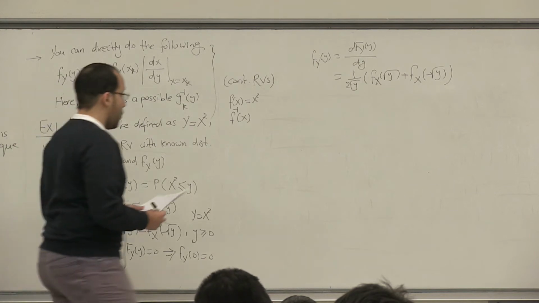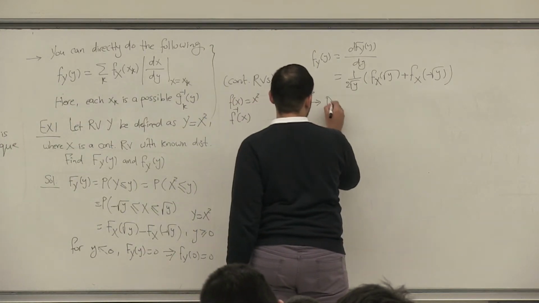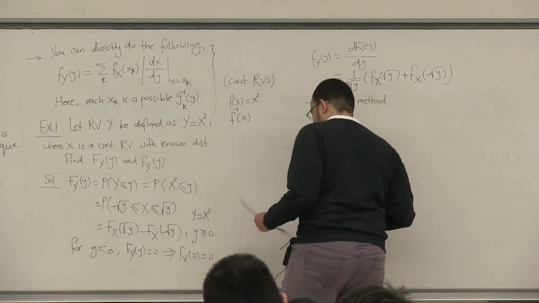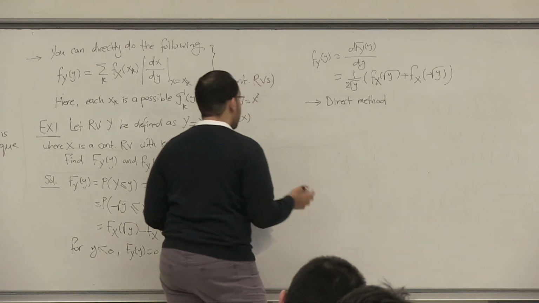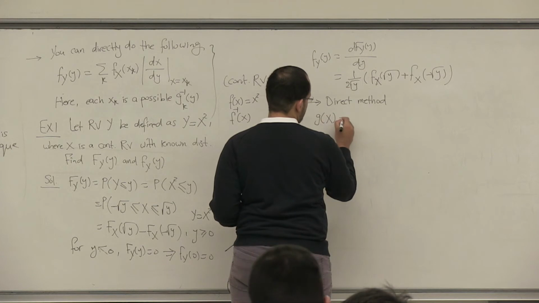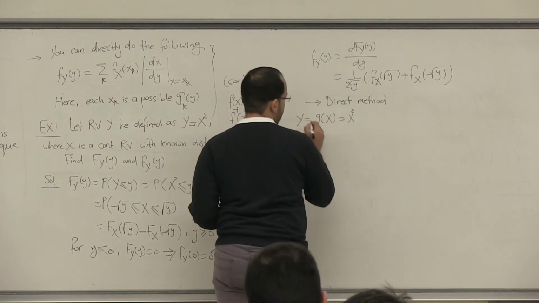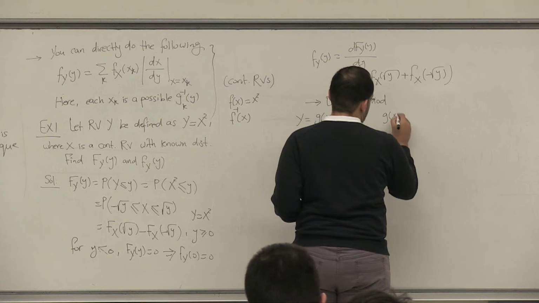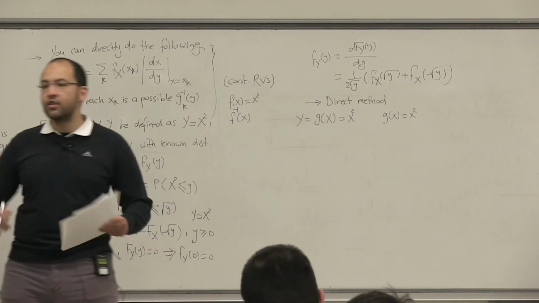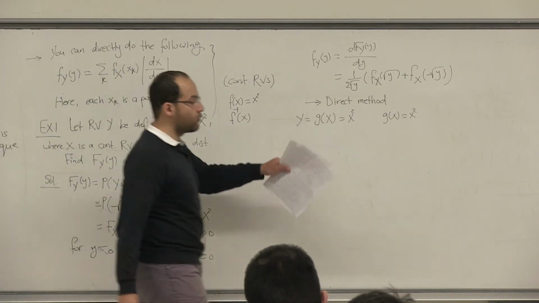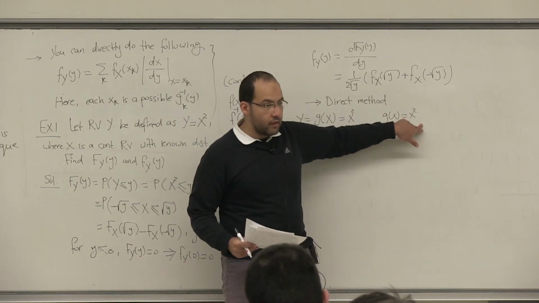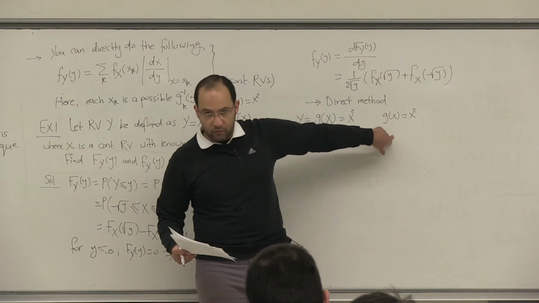Okay, now let's try to do it using the direct method. In the direct method, we try to get the inverse function. So here we were saying that you have g of capital X being X squared, which is Y. You can write it as g of x equals x squared. How can we get the inverse of a function? In general, how do you get the inverse of a function? You replace the variable by the function you are seeking, and you replace the function by the new variable, right?